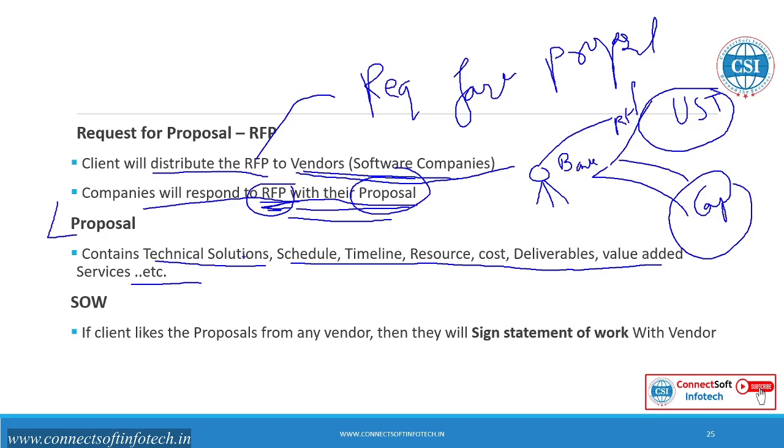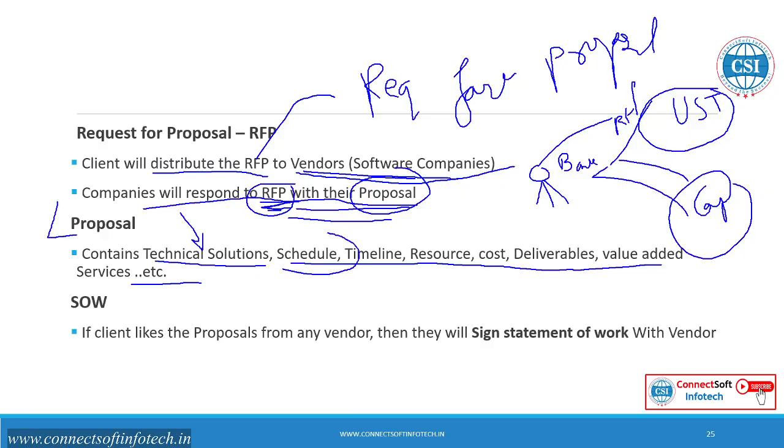For example, if the client is requesting a banking application, the proposal gives the technical solution for banking: core banking, account opening, fund transfer, third party transfer, international banking, internet banking, and so on. Everything is covered in the technical solution.